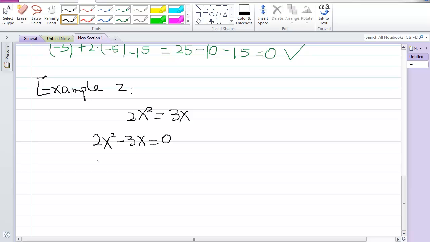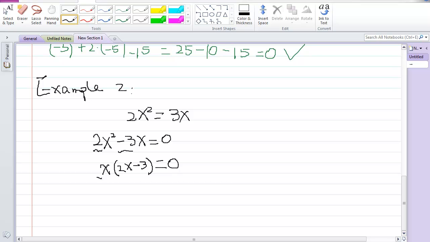We have 3 terms in our standard form. However, this time we don't have a c, but we can think of c as equal to 0. So it basically has a c, but it just equals 0. In this case, our a is 2, our b is -3, and our c is 0. We can factor it as x times (2x minus 3) equals 0.